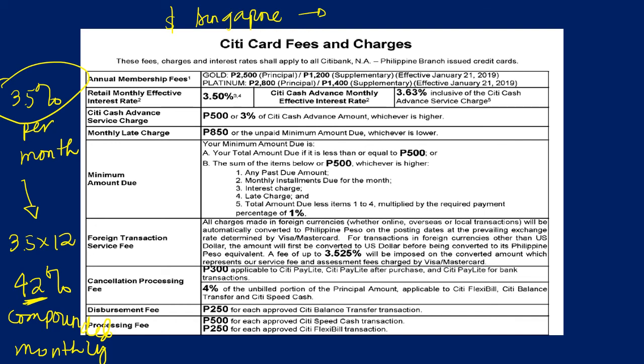It will be converted first to US dollar, right? And then to Philippine peso. So ang dami mong dinaanan, lugi ka dyan. And aside pa from your 3.5 to 5%. So meaning to say, if you will go abroad and you want to buy something, it's better to pay in cash. If you don't have money at the time, then don't buy it because you don't have money.